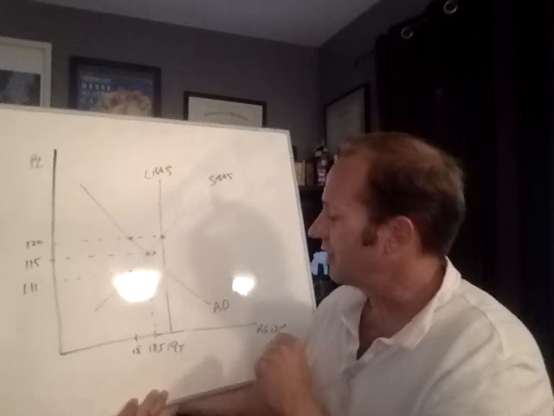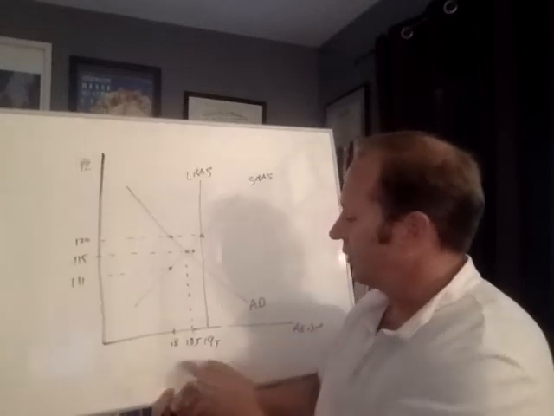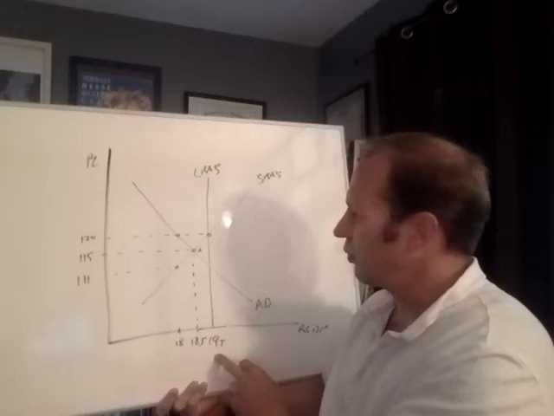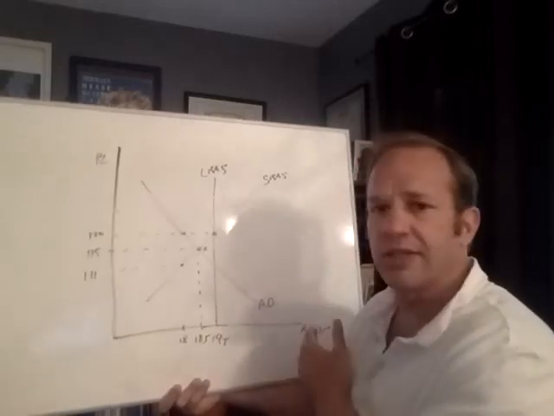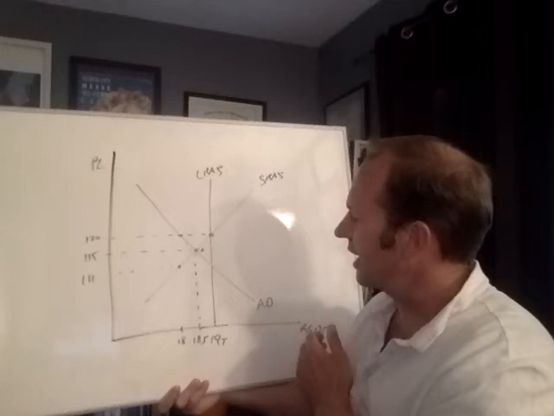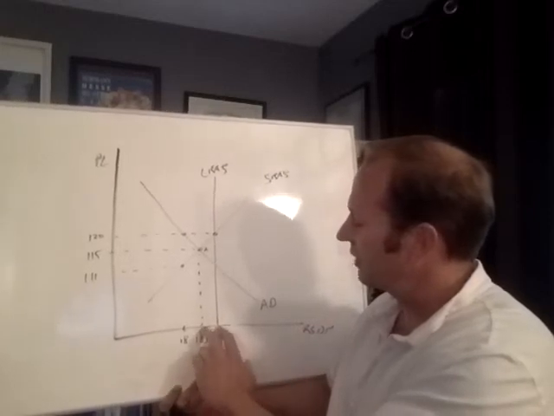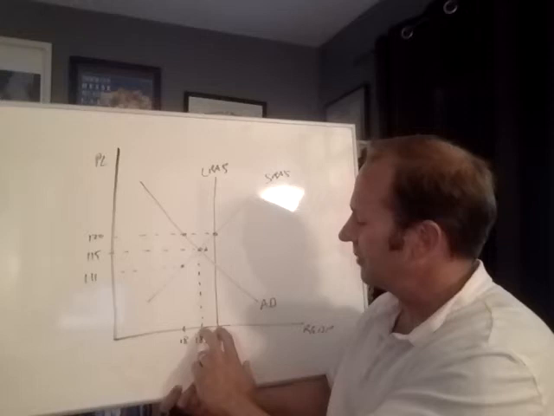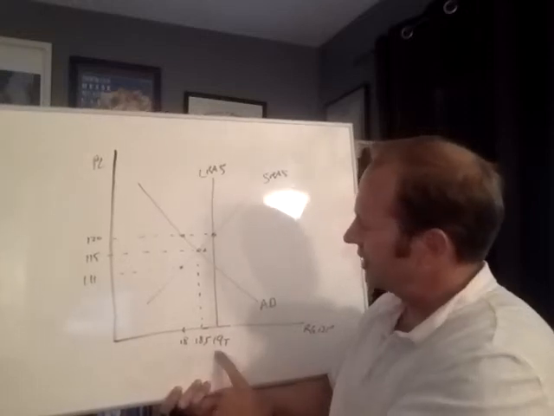What I find challenging here is figuring out, with what's given, how much aggregate demand needs to rise in order to close that gap. The gap is $500 billion in output, right? 18.5 to 19.